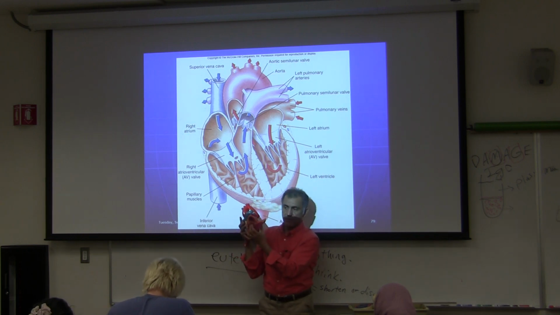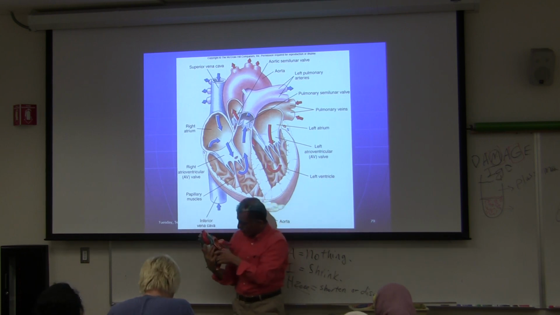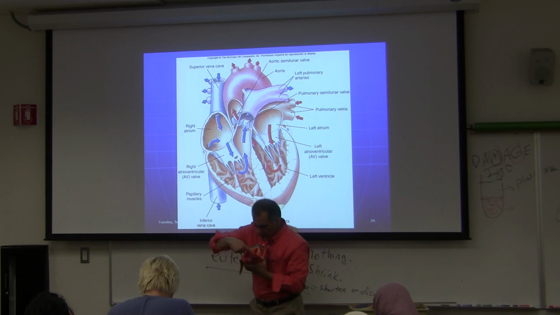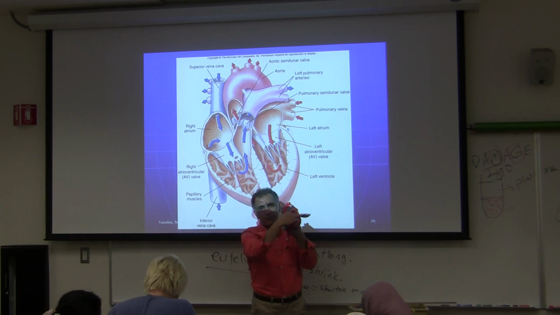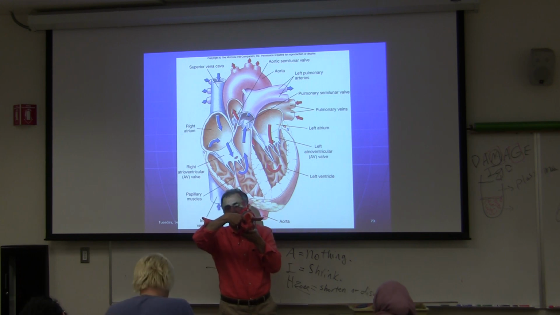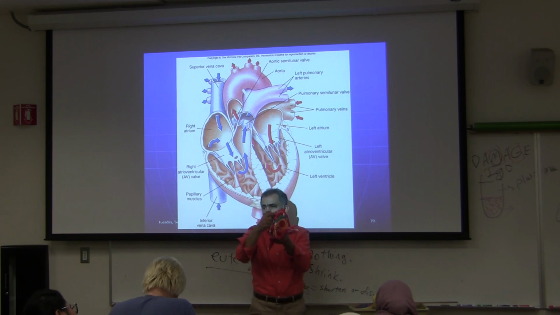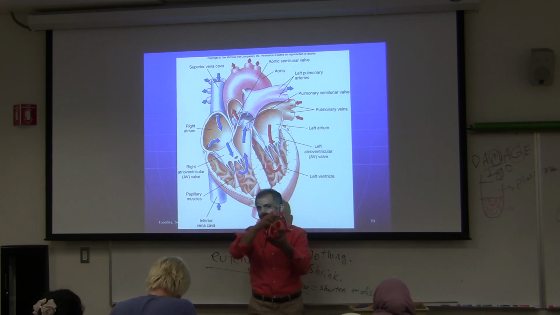You guys can see that, everybody can see that. From the left ventricle, when it squeezes, it goes into right here. It's inside, you probably simply cannot see it. It's called the aortic semilunar valve. And from the aortic semilunar valve, it goes to the aorta. From the aorta, it goes to the rest of the body.